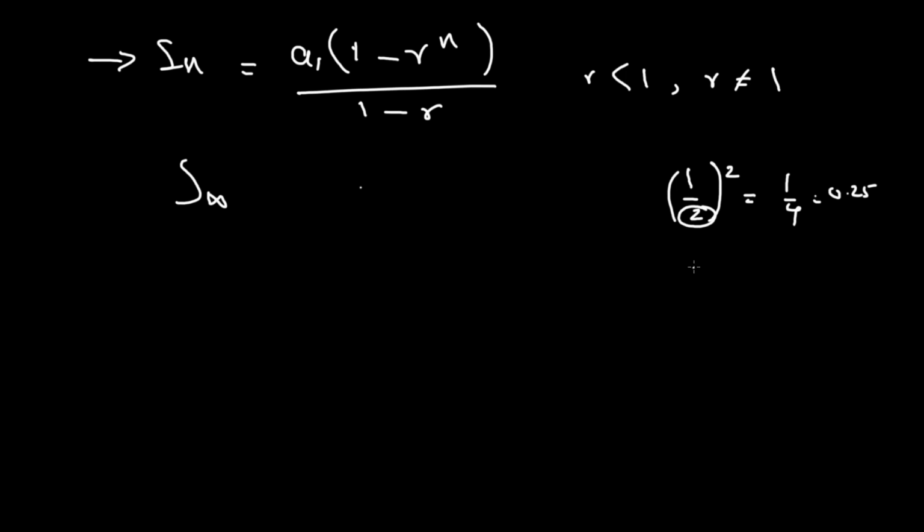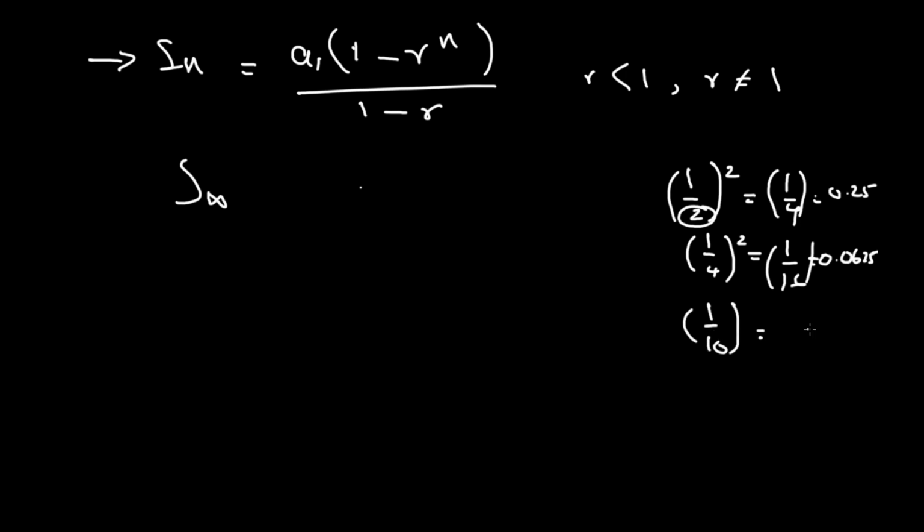Let's try to square this one again. If I have 1 over 4 and I square it, this one will give me 1 over 16. 1 over 16 is a smaller fraction, about 0.0625, something like that.